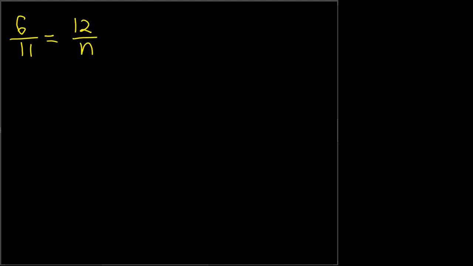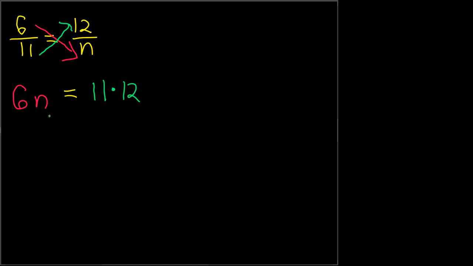Now again, I'm going to cross multiply this way, which gives me 6 times n is equal to, multiplying this way, 11 times 12.